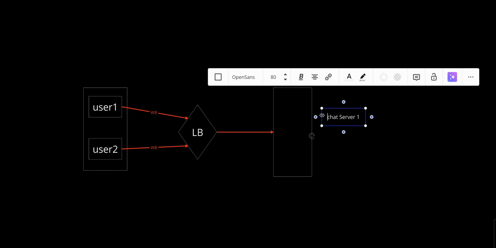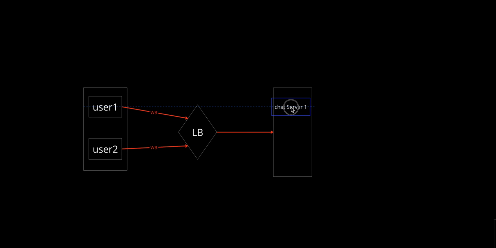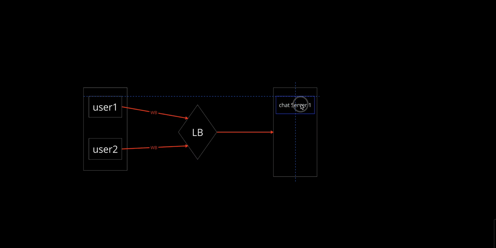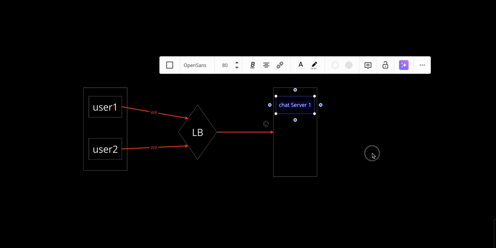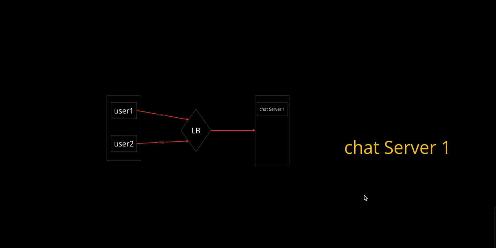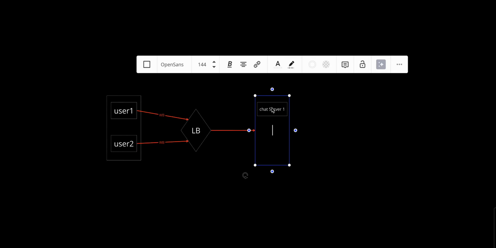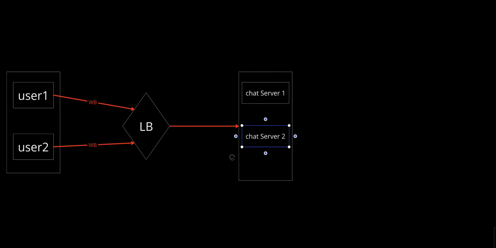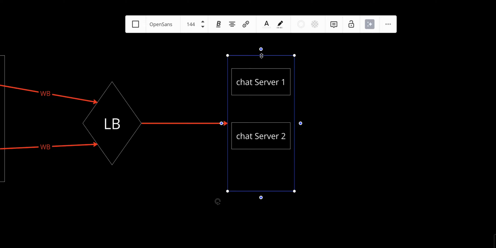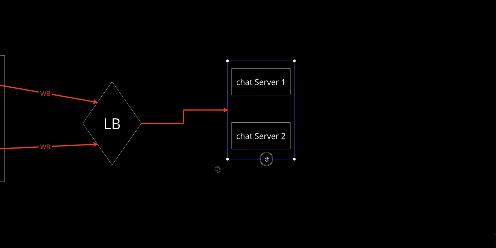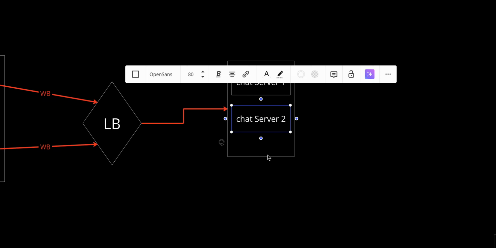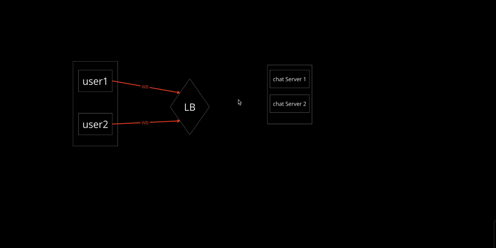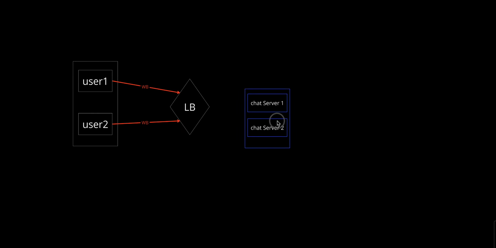Let's make this like that. And we have a chat server two. Copy this. Chat server two. And let's make it smaller because our application will have multiple things. So we need to be quite wise when we choose. Let's be close.